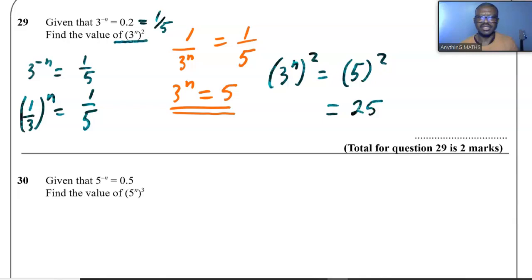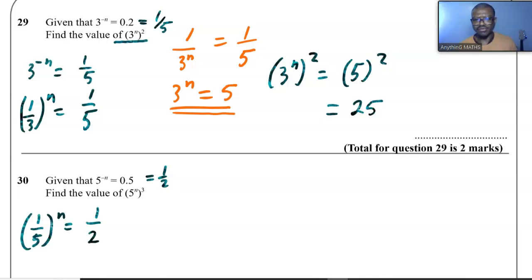The next one is just like what we've done. We convert this 0.5 to a half. And therefore, we can write (1/5)^n is the same as half.